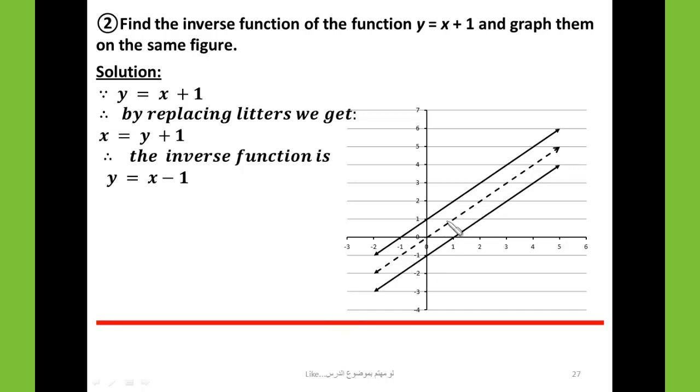This is the relation between the function and its inverse. Both are the image of each other by reflecting on the straight line, this dashed straight line, y equals x.